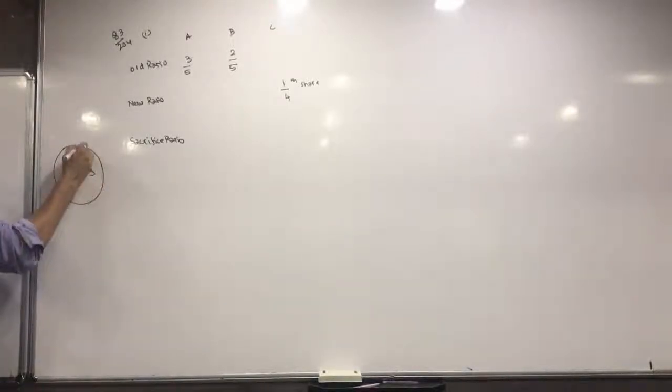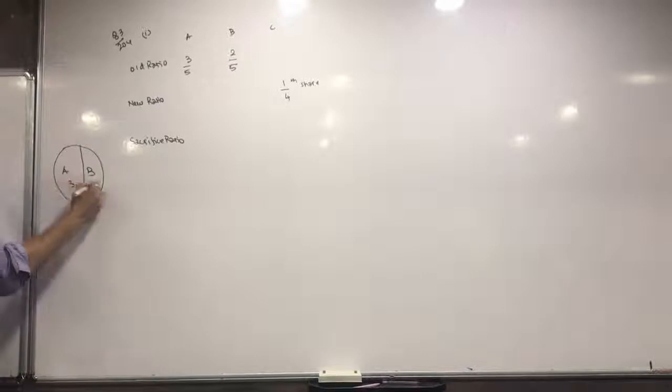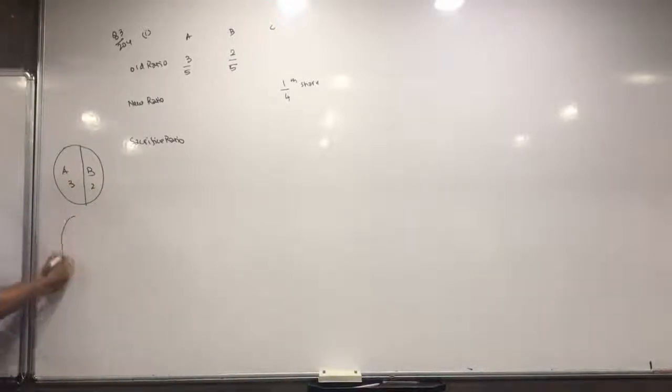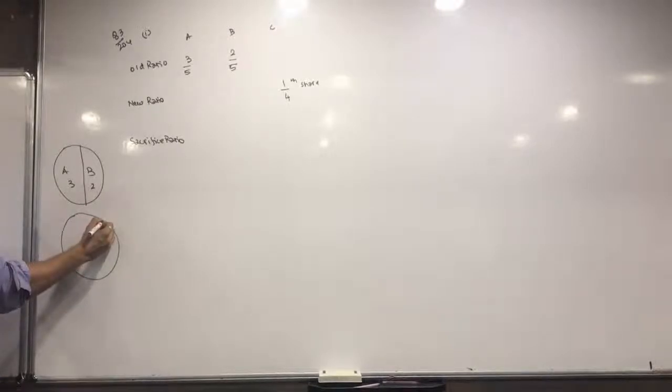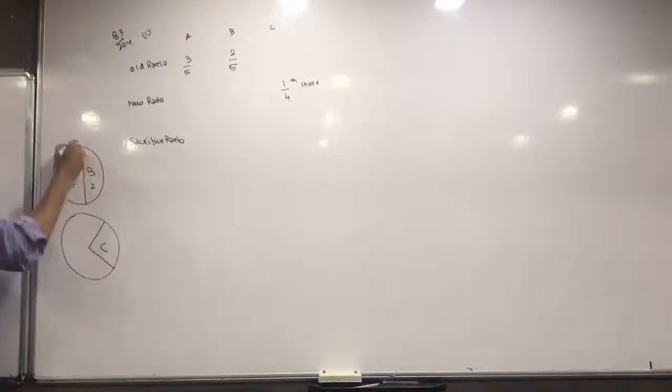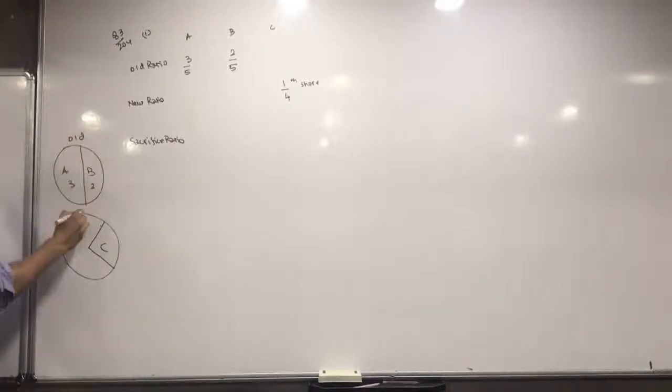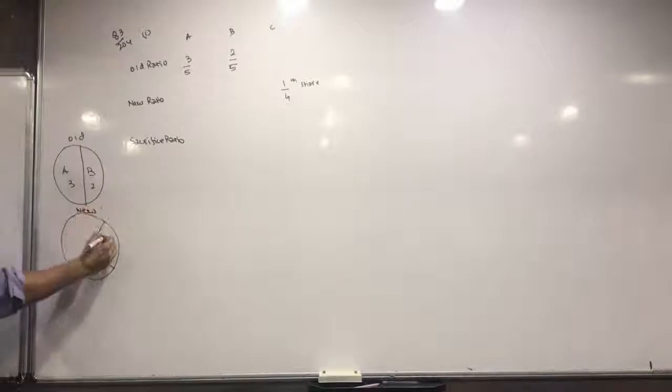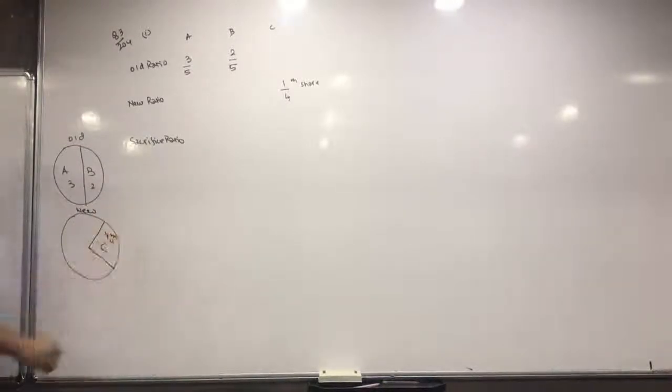A and B ratio was 3:2. From this, this is old and this is new. 1/4 goes to C.